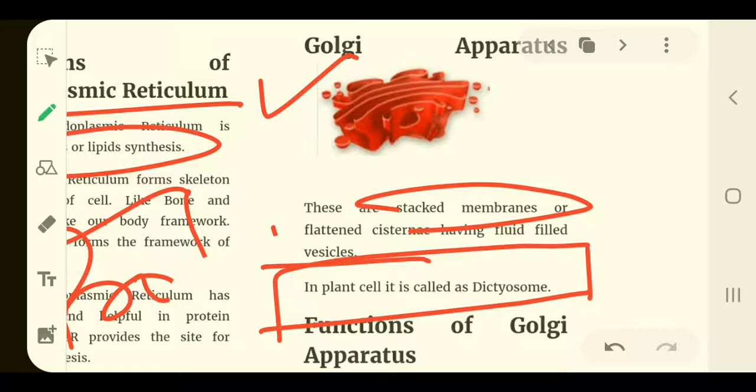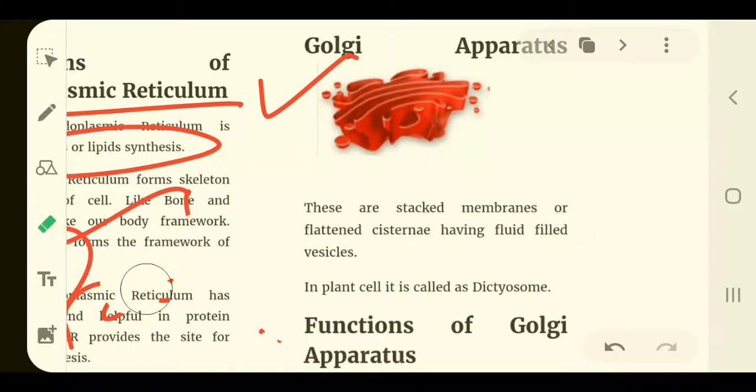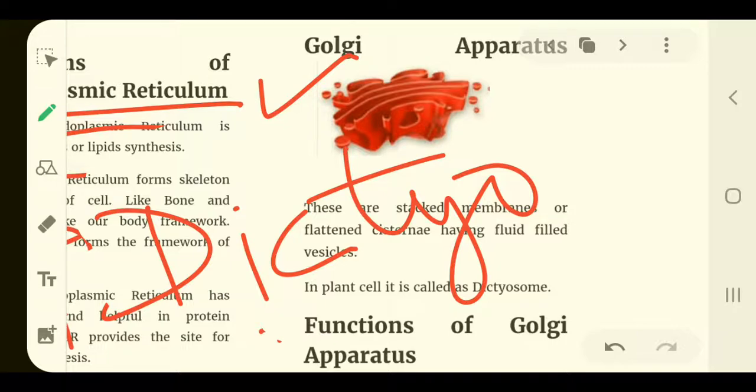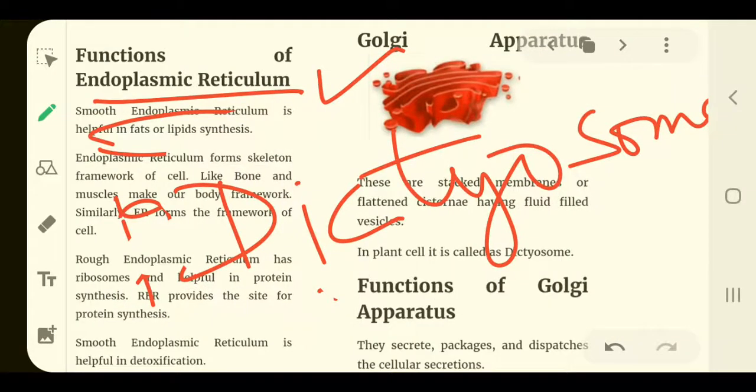So in plant cells it is called dictyosomes. Write the word, because sometimes you get this question. D-I-C-T-Y-O-S-O-M-E-S, dictyosomes. That is what the Golgi bodies in plant cells are referred to as.